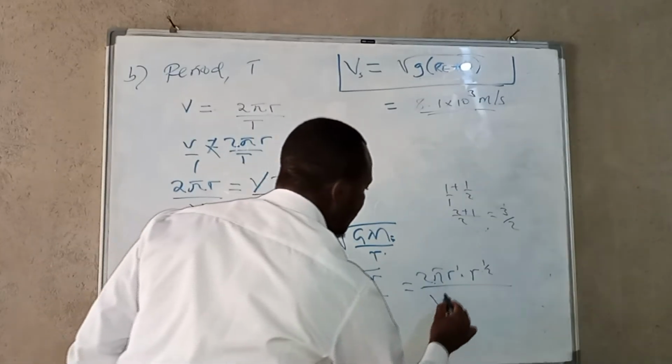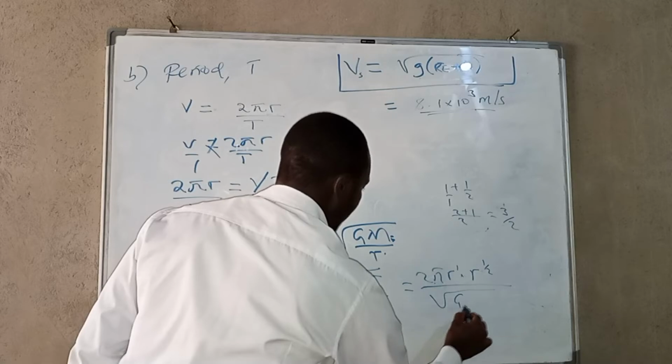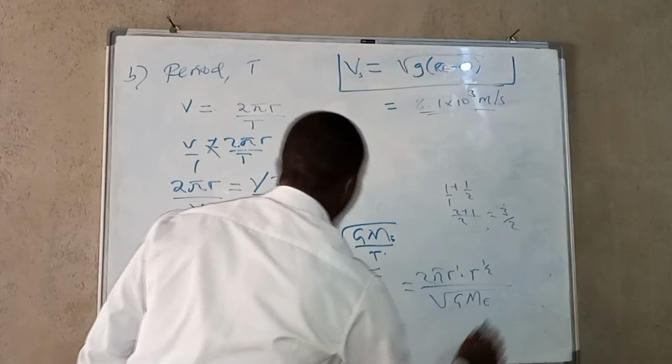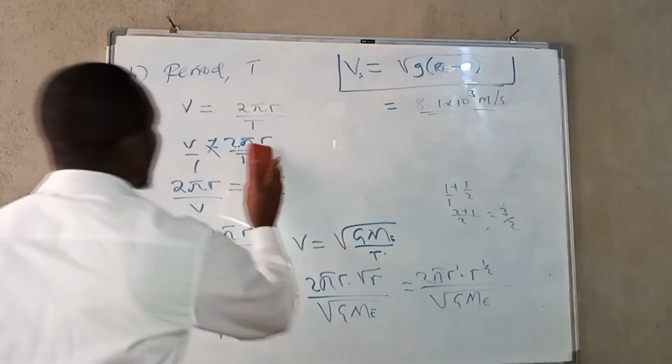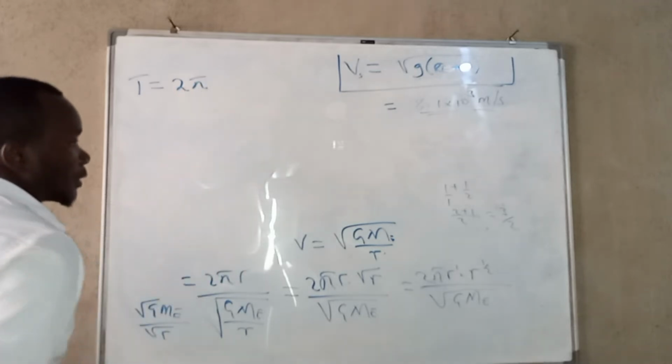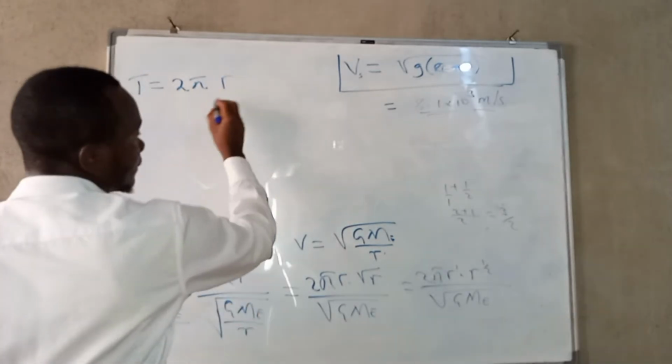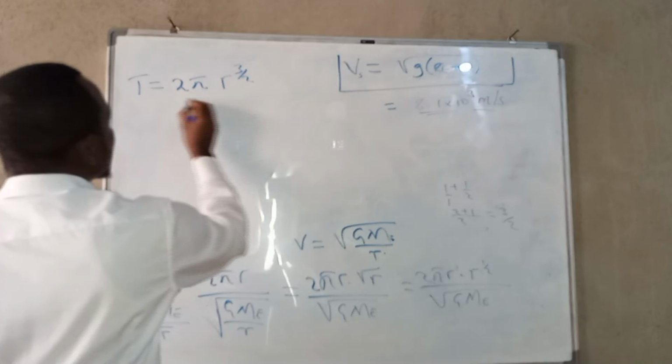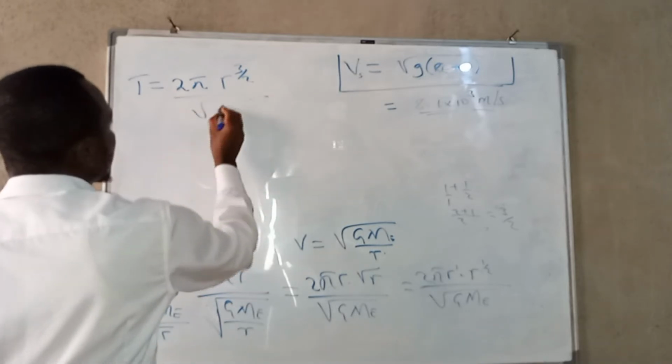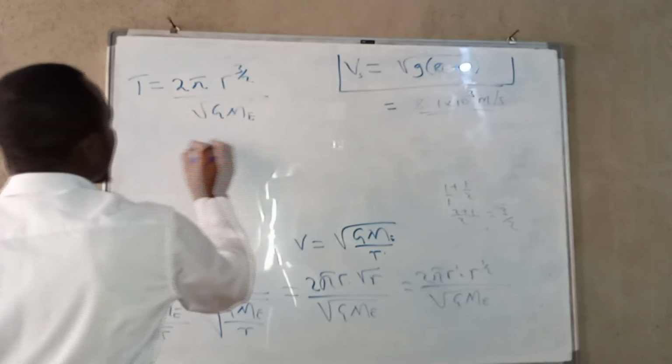So here, the square root of GME. This is 2 pi r to the 3 over 2 over the square root of GME.